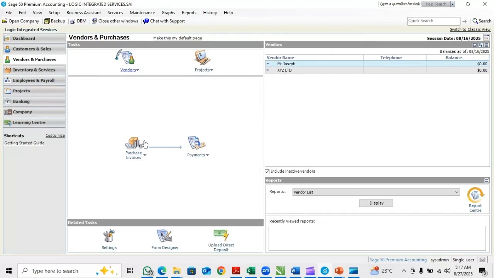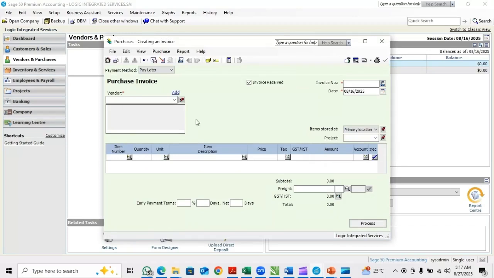So we're going to run the purchase invoice, create invoice, because it is a purchase that is yet unpaid. The payment method is going to be pay later because we didn't pay money on that transaction. We have our vendor XYZ Limited and we can use 0001 as our invoice number.